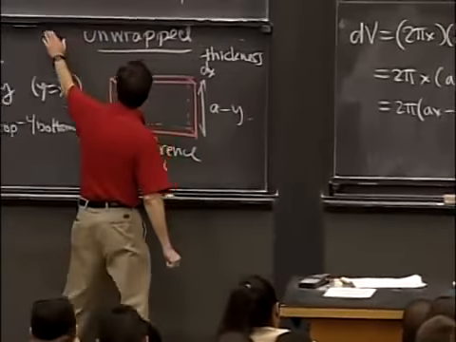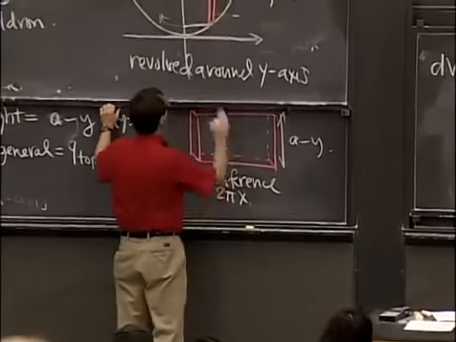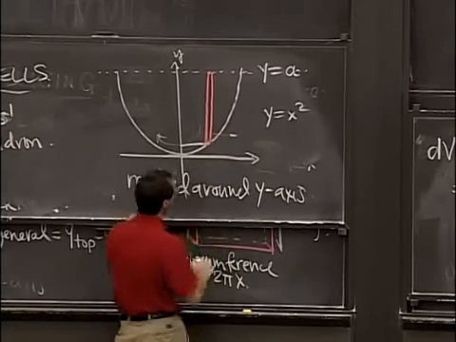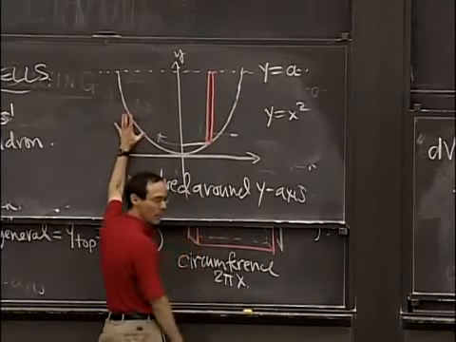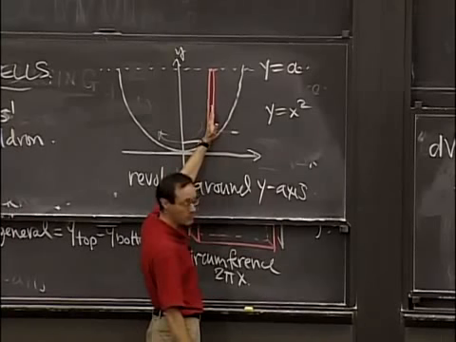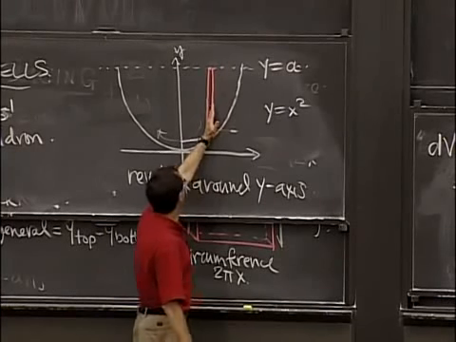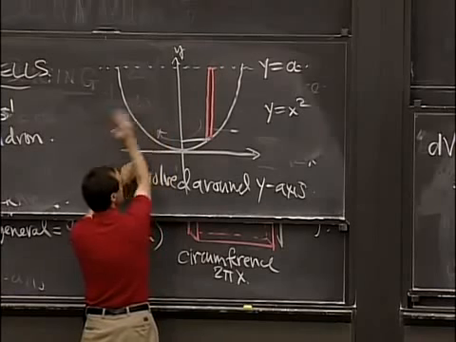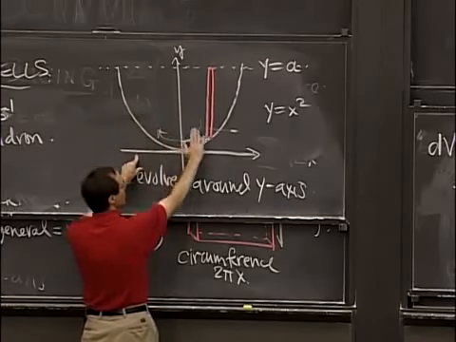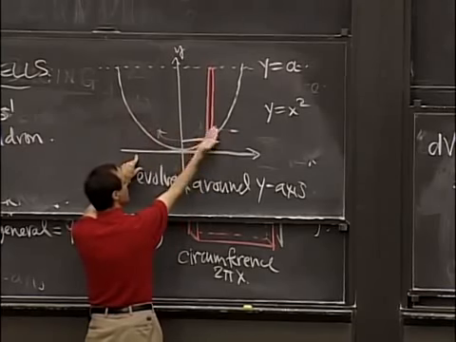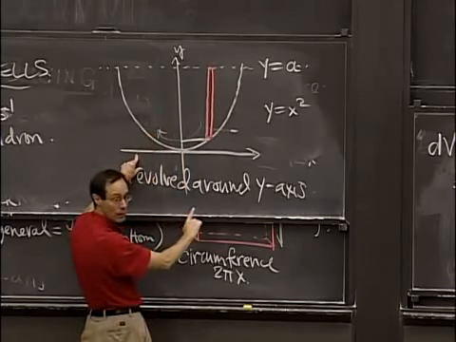Now, here you have to be careful. You always have to go back to the 2D diagram. That's the whole point, that everything gets read off from this diagram here. When you take this guy and you sweep it around, you take care of everything that's to the left. So we only have to count what's to the right. We don't have to count anything over here because it's taken care of when we sweep around.